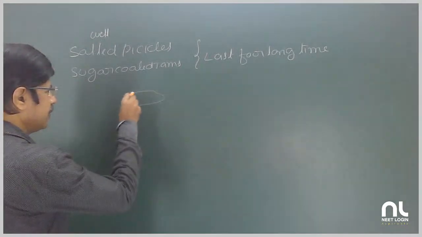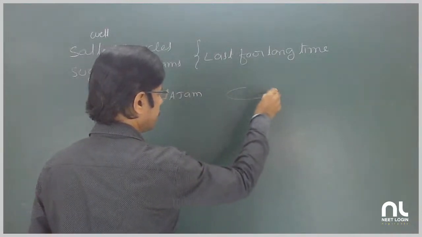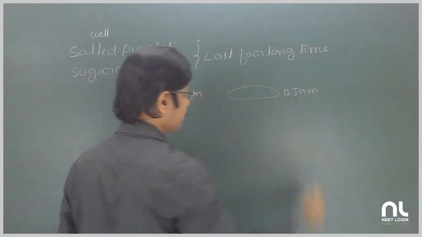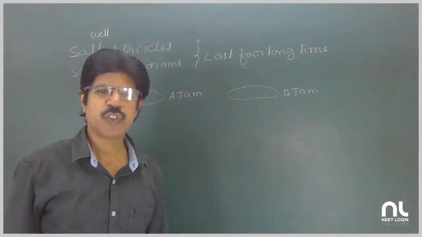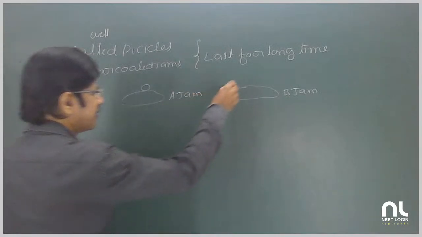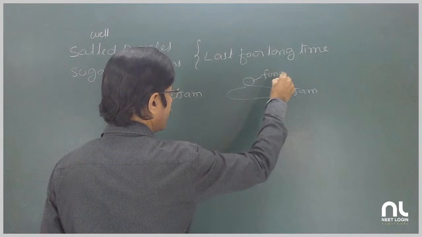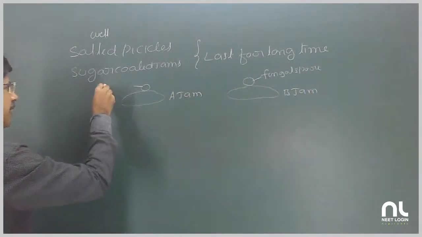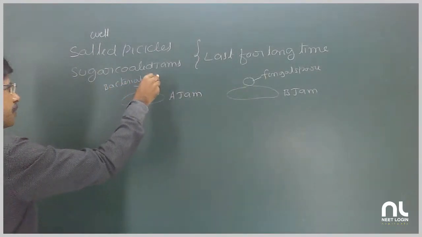Suppose you take A jam and B jam. The jams are sugar coated, and suppose there is a fungal spore and a bacterial spore.